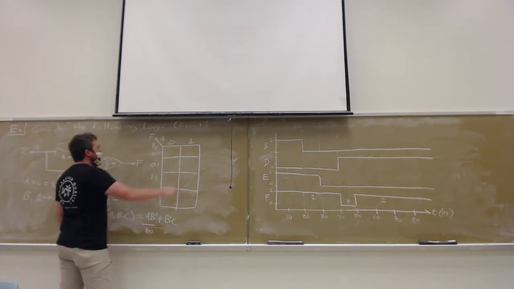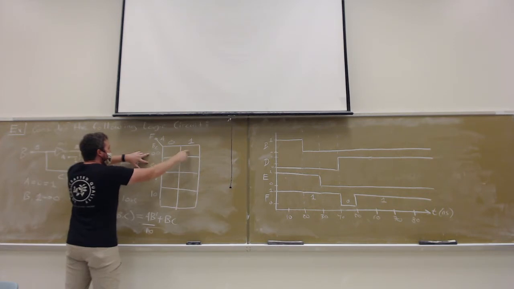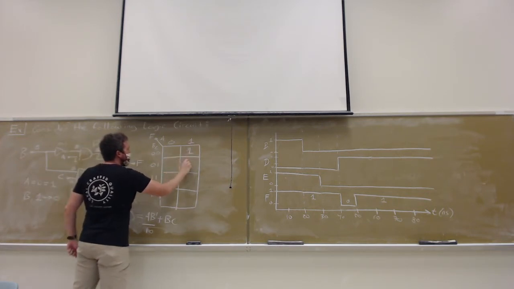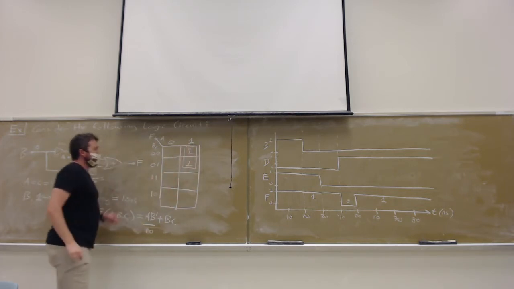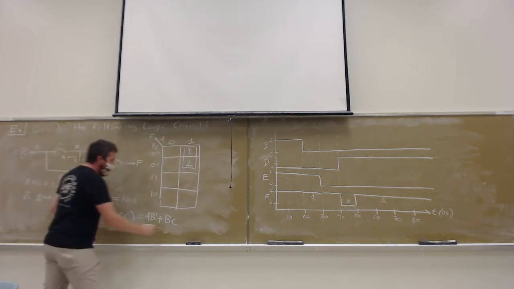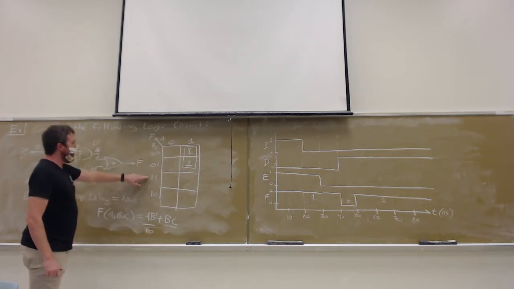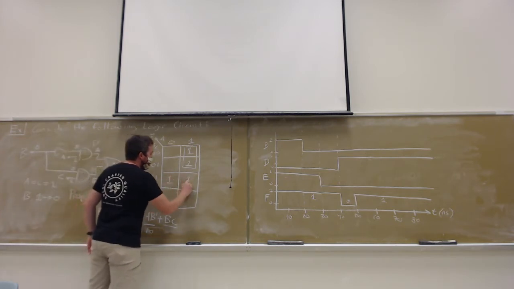So A equals 1, B equals 0 is going to be these top 2 rows on the right-hand side here. So we have a 1 there and a 1 there, and they are grouped. Or BC is going to be when B is equal to 1 and C equals 1, but we don't care about A, so it's going to be these 2 rows.